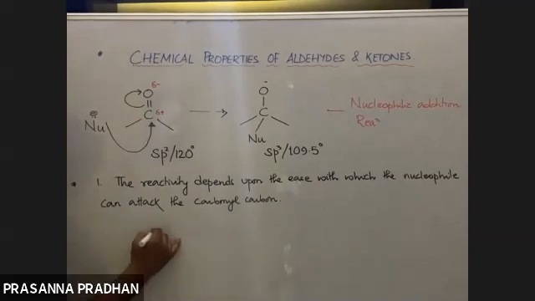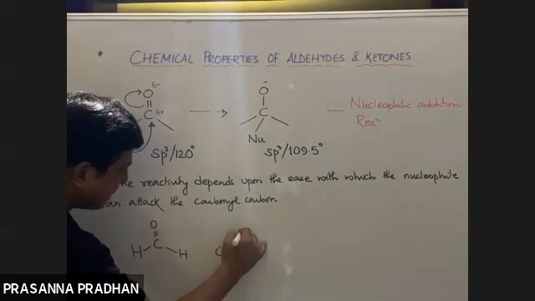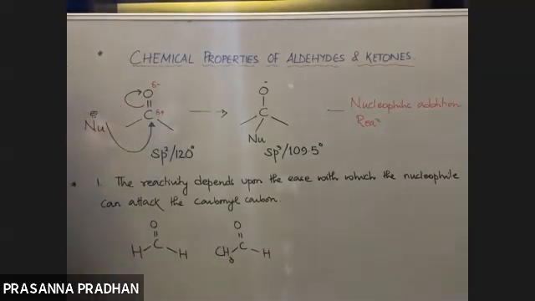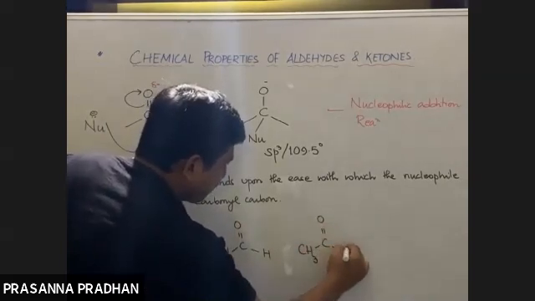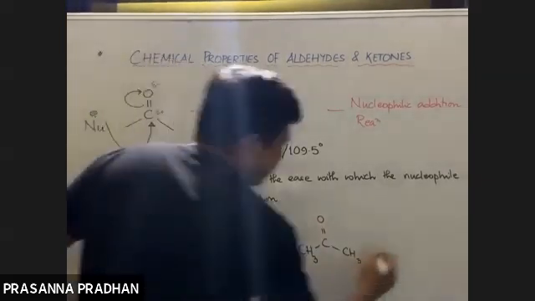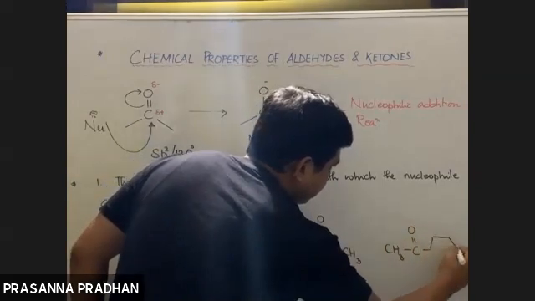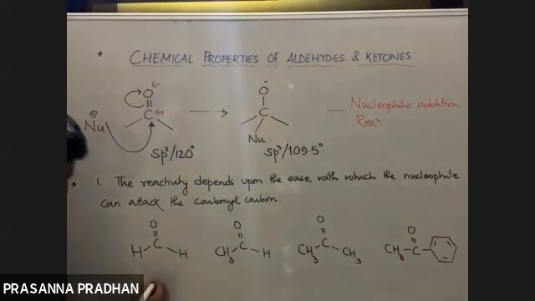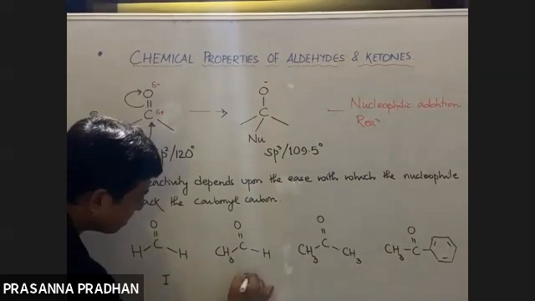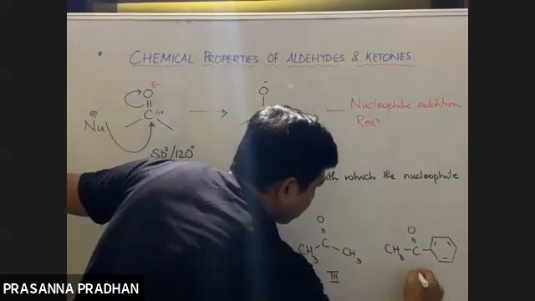Say formaldehyde, HCHO, then acetaldehyde, CH3CHO, then acetone, then say benzophenone, like this. So I've given you 4 compounds: 1, 2, 3, and 4.